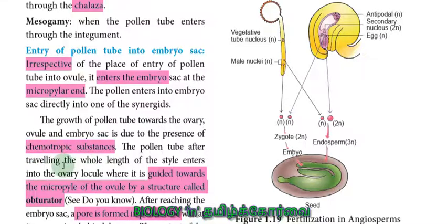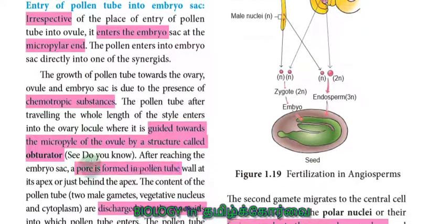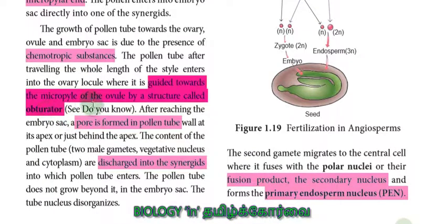The pollen tube, after traveling the whole length of the style, enters the ovary locule where it is guided towards the micropyle. It knows where the micropyle is present. That is how it is guided, with the help of the obturator. Now what is the obturator? Let us see.